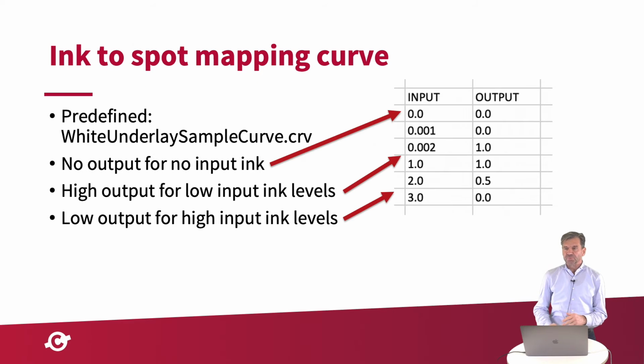But back to our setup here. There is, as I've said, a mapping curve. And I have here a screenshot from one of the by default installed mapping curves that shows how the whole thing works, I believe. You have, starting with 0, wherever the ink amount in my original file is 0, so there's no ink at all, I don't want to back that with white.